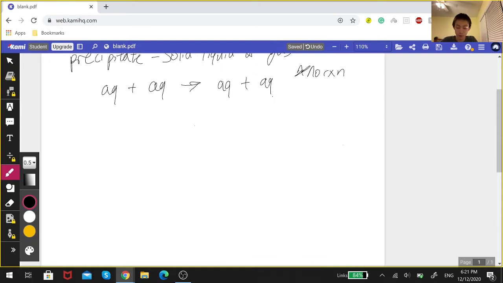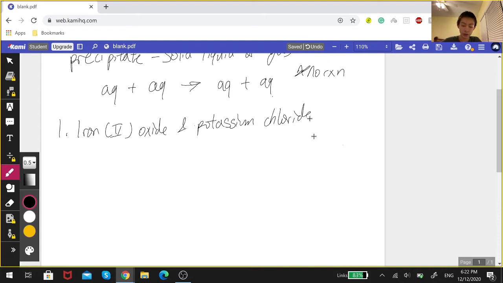So let's do our first example of iron 2 oxide and potassium chloride. Iron 2 oxide is FeO.